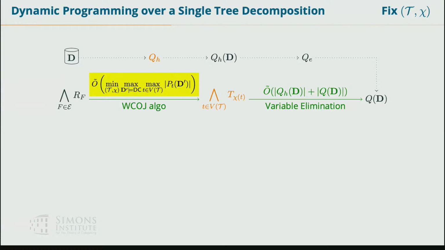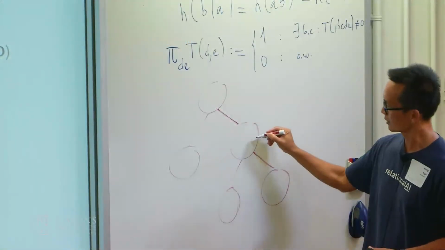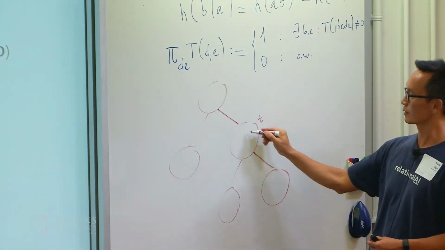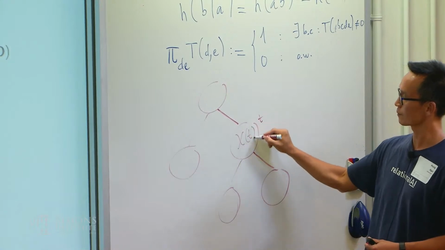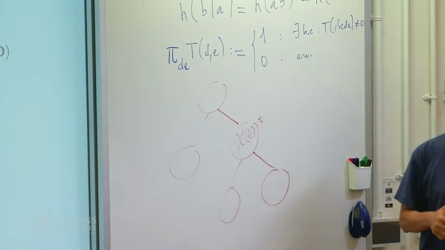And now we are back to the earlier question of bounding the cardinality of an intermediate relation. So what do we have? Well, for every bag of the tree decomposition, this chi function will map a node of the tree decomposition to a bag. I would think of it this way. You have a tree decomposition like this, and T is one of these bags, right? And this set is chi T. It's the set of variables in the bag.